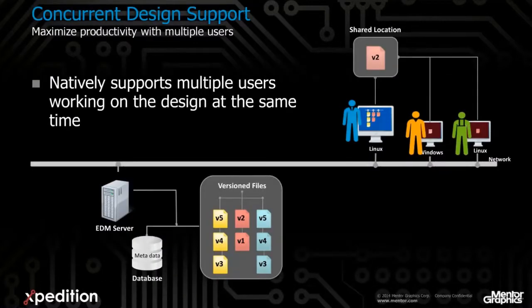And again, most importantly, the ability to manage the concurrent design process where multiple users on multiple platforms can utilize a shared location to check in and check out multiple versions of independent ECAD objects and see if other users are editing the data and actually join those sessions depending on the type of data being edited.